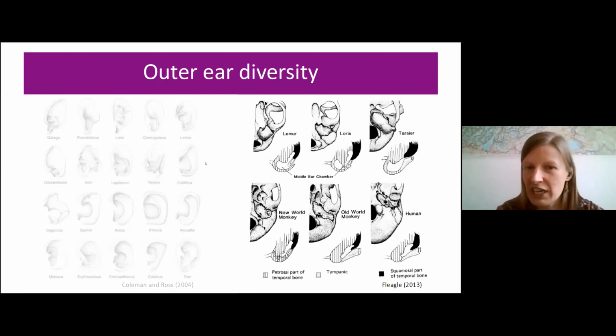Also, when you look at the bone that is supporting the eardrum, you have a single bone that is derived from the angular bone. And this is also an innovation in mammals. And you have also a lot of diversity because, for example, here in primates, sometimes this bone takes the shape of a ring, sometimes it's a tube. So it depends. So you have an innovation and diversity.